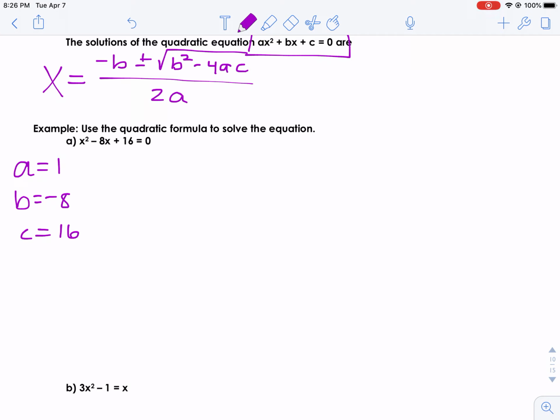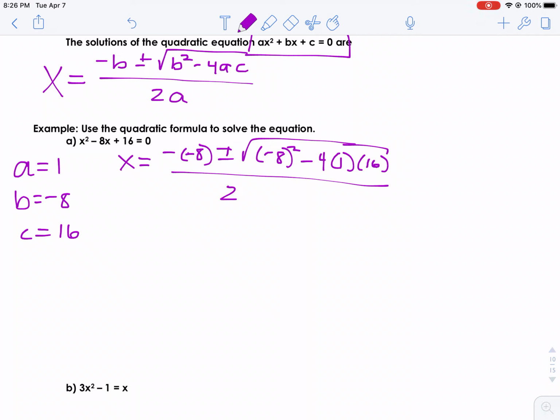So plugging this in, or substituting it into the quadratic equation, we would have x equals negative b, so technically we'd have negative 8 plus or minus the square root of b squared minus 4ac all over 2a. That first step is just a matter of plugging everything in where it belongs.